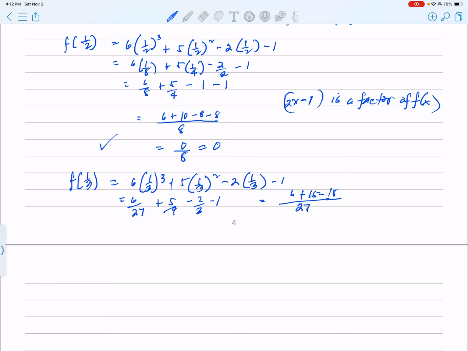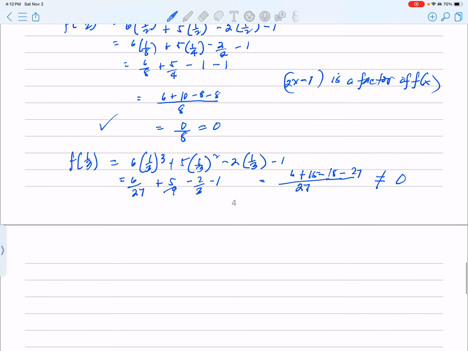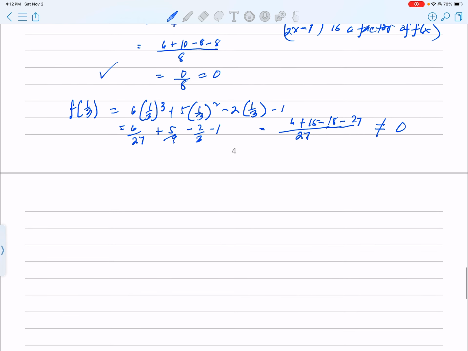And 27 divided by 1 is 27. Let's see if it equals 0. 6 plus 15, that's 21, minus 18, minus 27. For sure, this is not equal to 0.